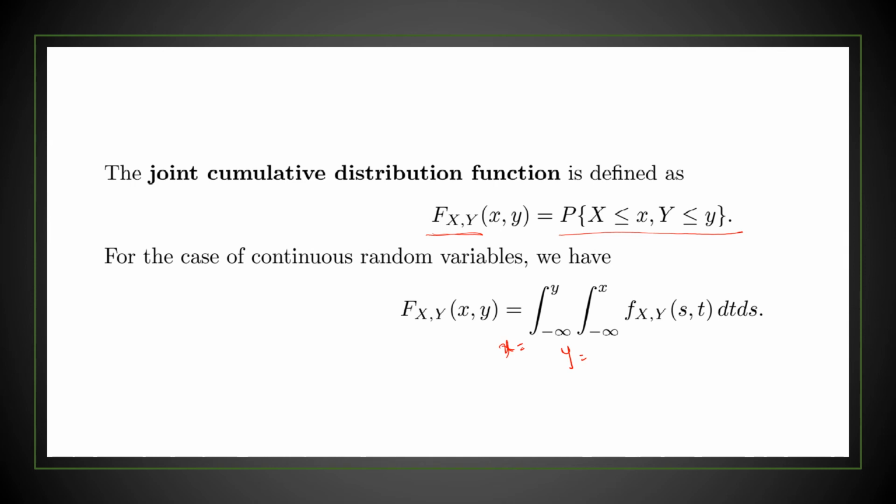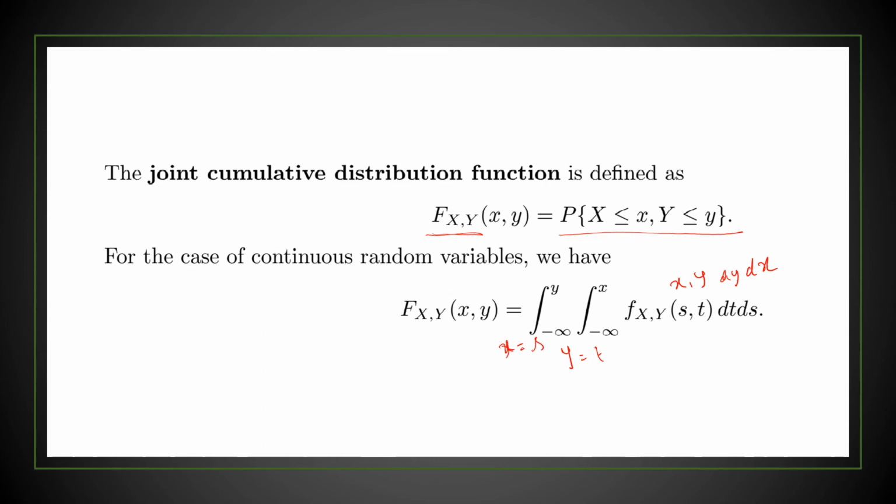Instead of taking this as x and y, we can treat that as s and t. So this is your dy dx. Your x is taken as s and y is taken as t. So here y is t and x is s.